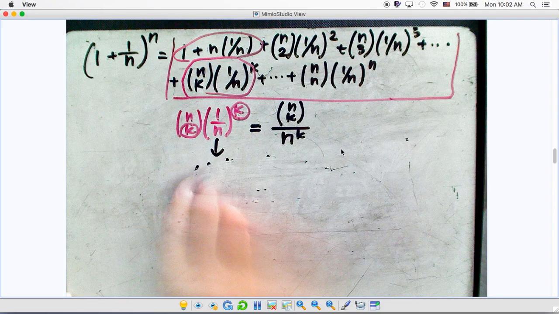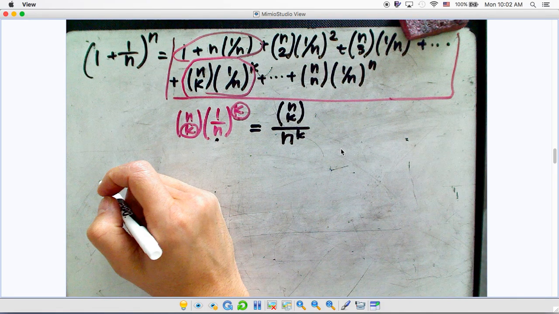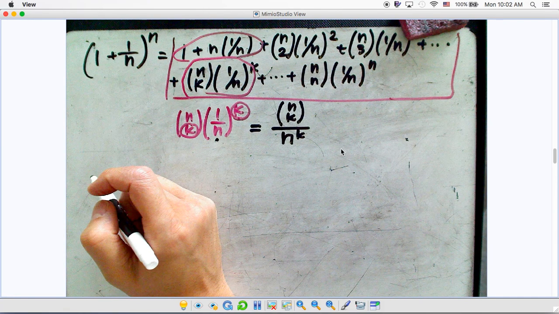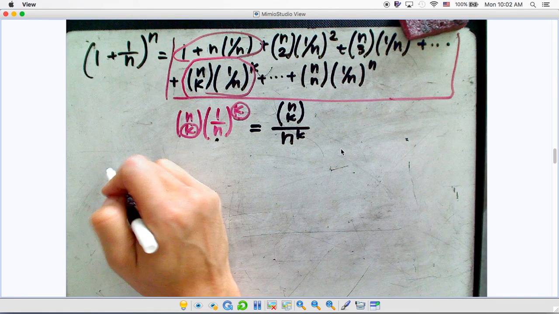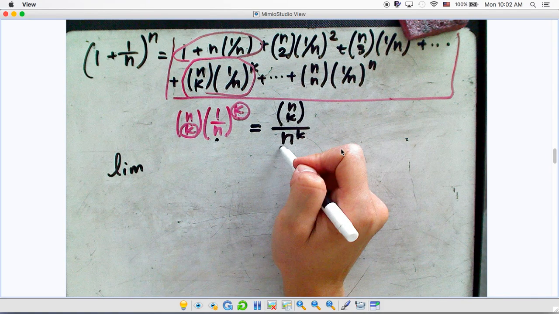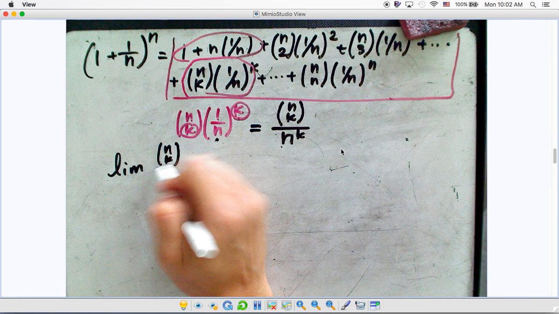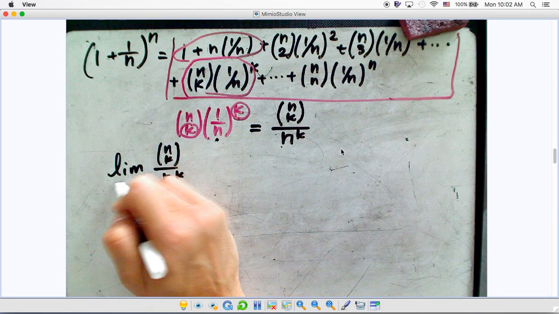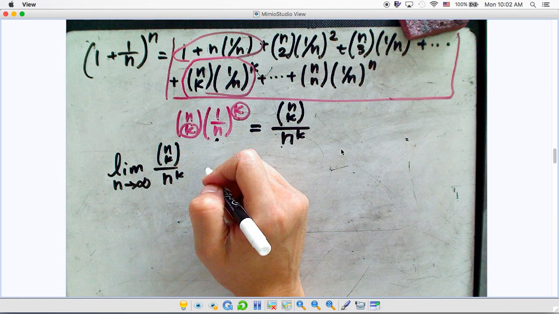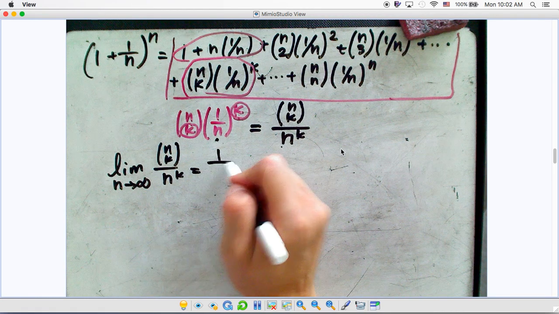Now if you take the limit of that, we use the lemma that we just went over in the previous video: the limit of n choose k over n to the kth power as n approaches infinity equals 1 over k factorial.